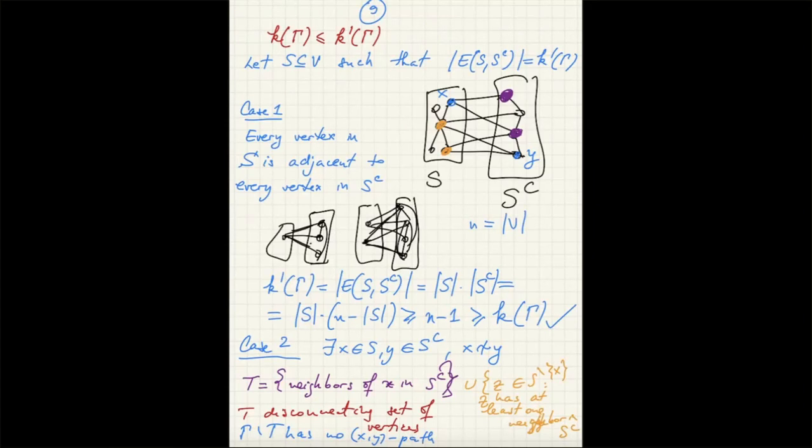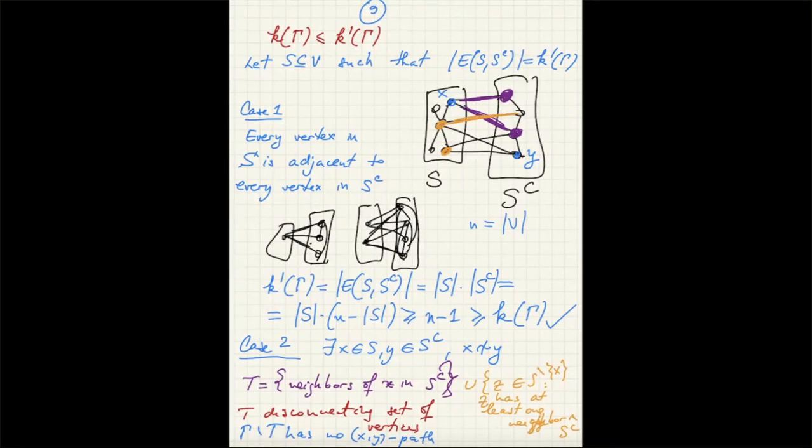For each vertex in T, we create an edge between S and S complement such that all these edges are distinct. For the first purple vertex, we create this edge. For this outer purple neighbor of x, we create this edge. So for different neighbors, we'll have different edges. And for each of the vertices that have a neighbor across, I can pick one of those neighbors and make an edge there.